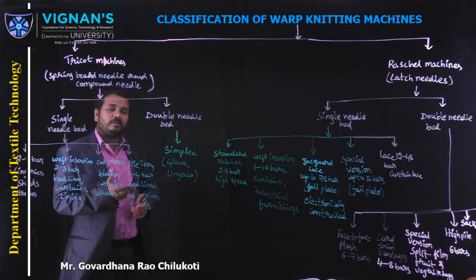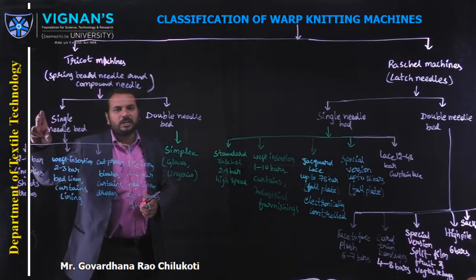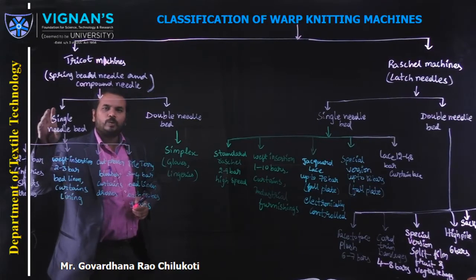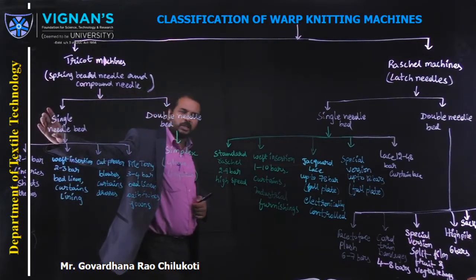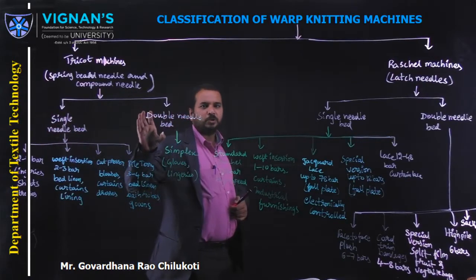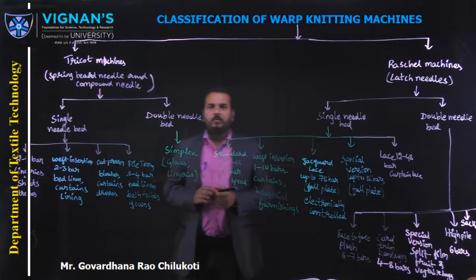How many needle beds are we using? For example, if we are using a single needle bed, we can say single needle bed warp knitting machines, that is tricot machines, and if we are using two needle beds, then we can say double needle bed warp knitting machines.